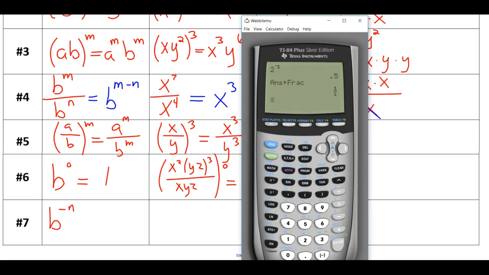What is it? 1/2. Let's do 3 to the negative first power. It's 1/3. 6 to the negative first power is 1/6.